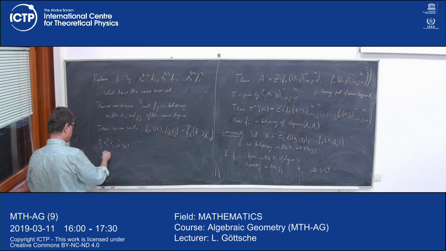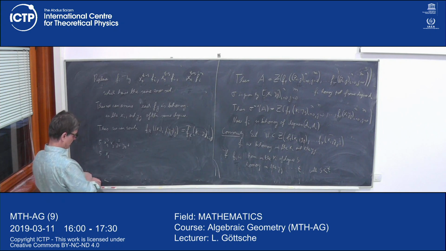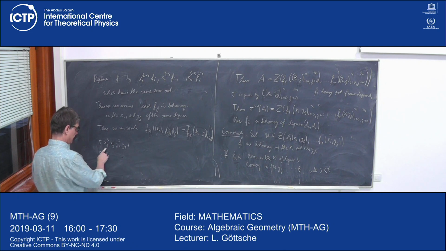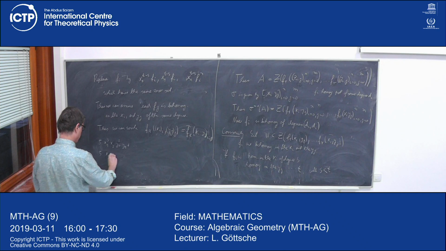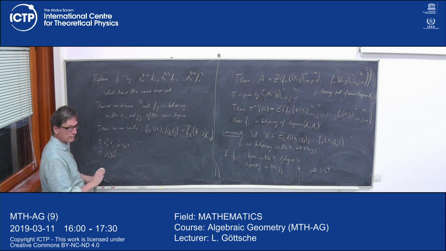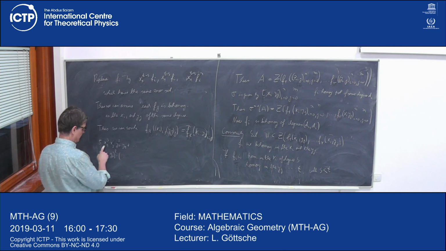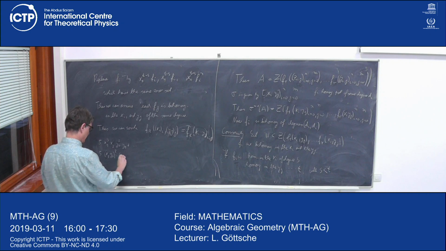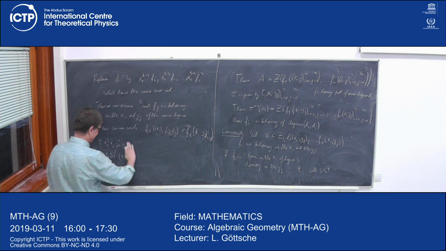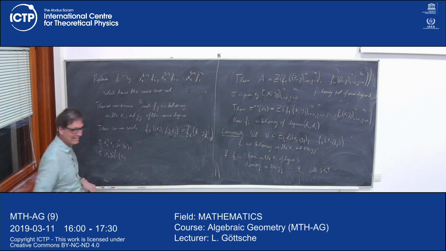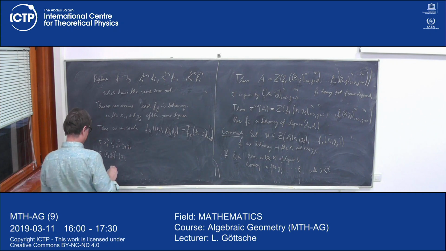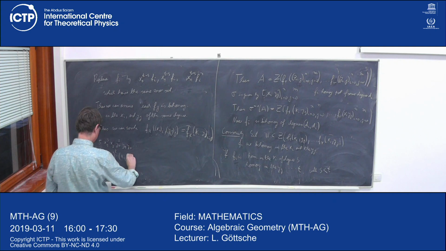This is 5 times x1 y0 squared times x1 y1 times x2 y0.